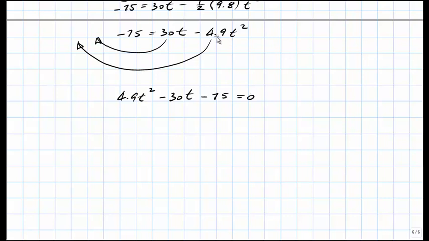Notice that whenever we transfer a term to the other side, the sign has to change. So the 30 became a negative 30, the negative 4.9 became a positive 4.9, and the 75 stayed on the same side, so it retained its sign.